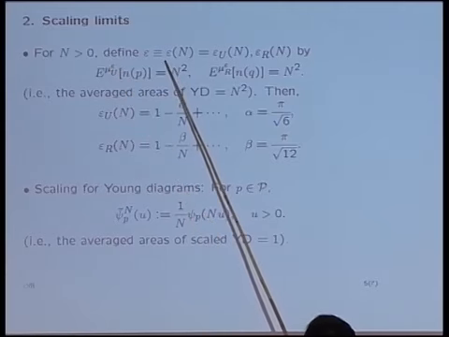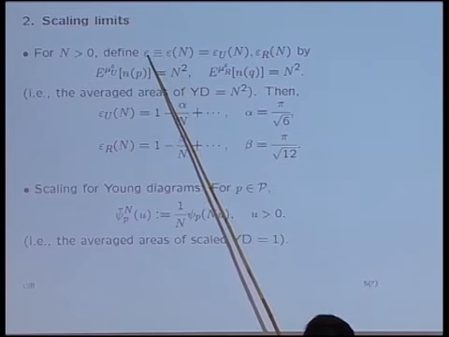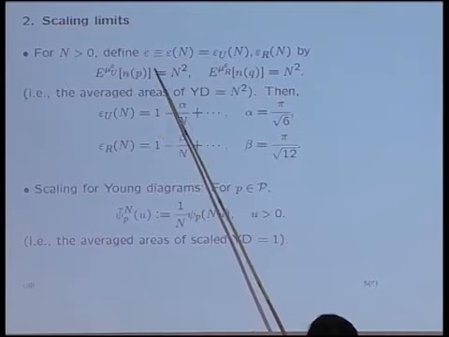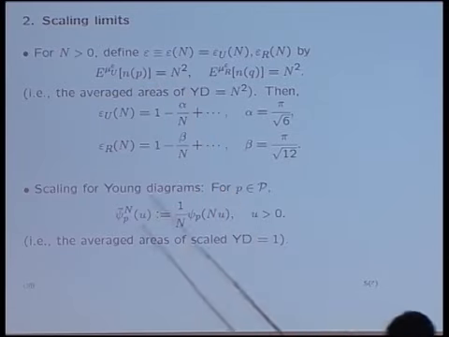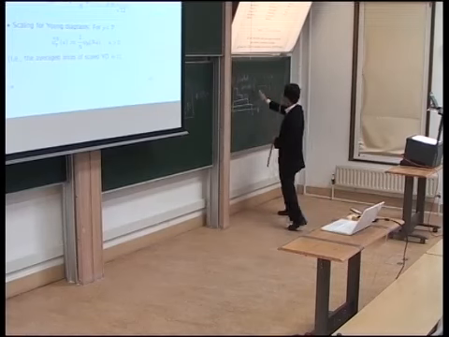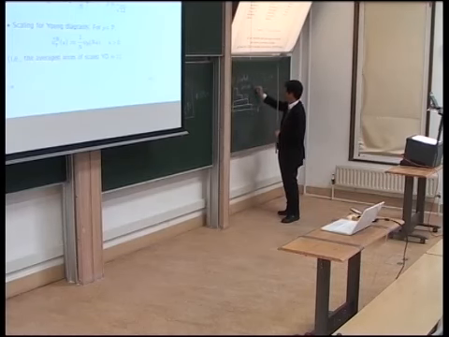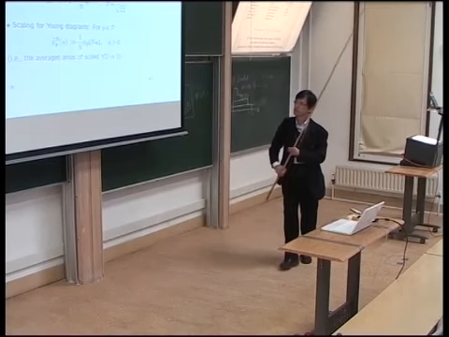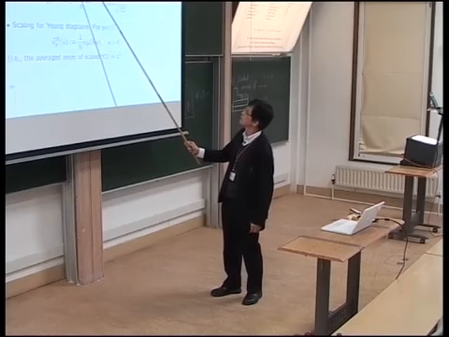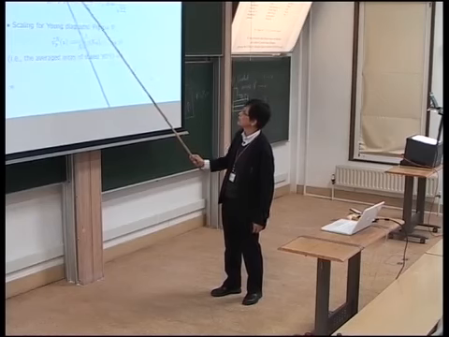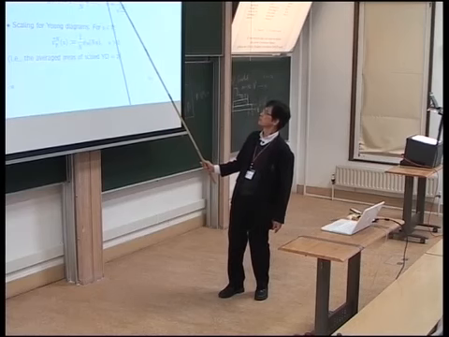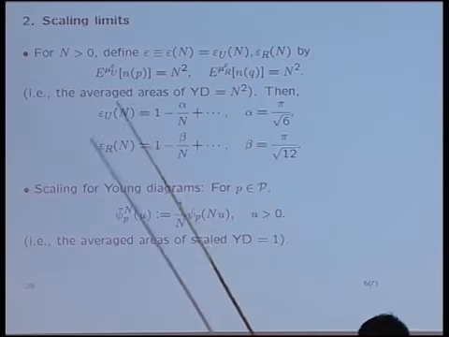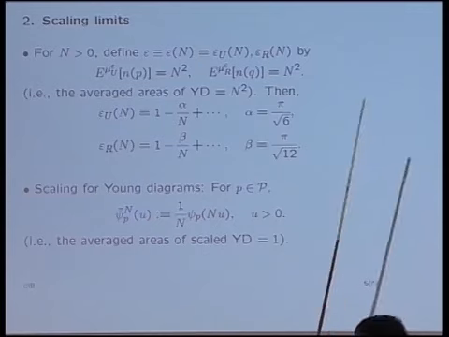Then I want to decide the parameter epsilon in such a way that the averaged area of the Young diagrams becomes n square, for the uniform case and also the restricted uniform case. Restricted uniform means that the height difference is always 1.